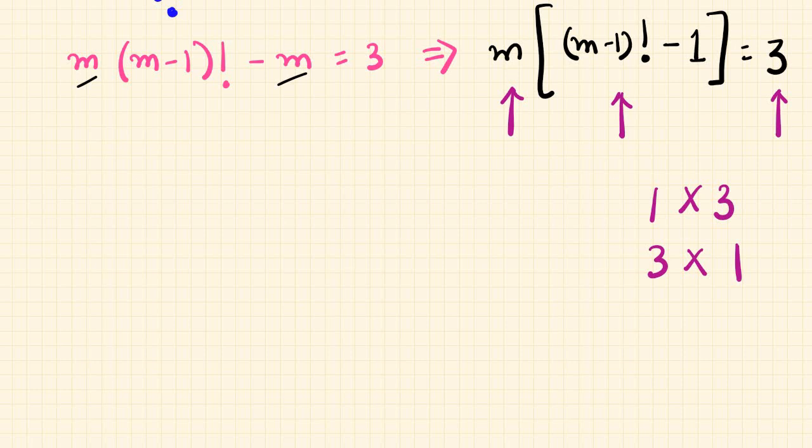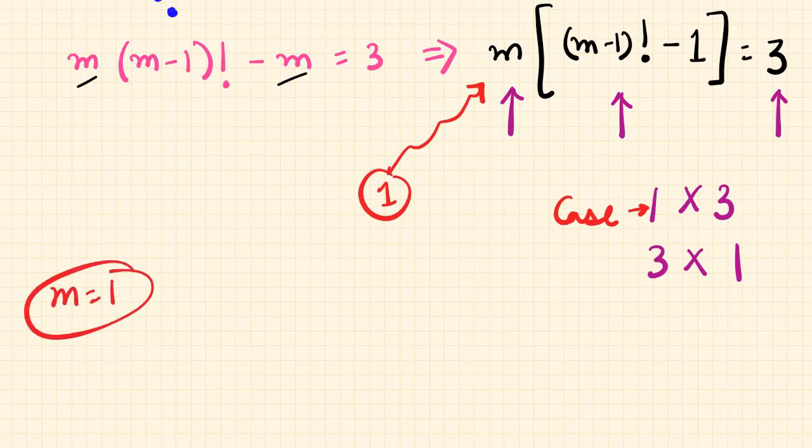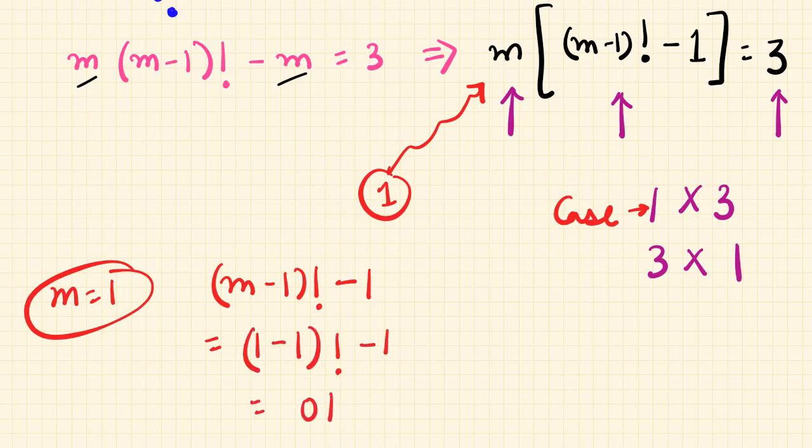Let's put the first m as 1. So m is 1. The other part, m minus 1 factorial minus 1, would become 1 minus 1 factorial minus 1, which is 0 factorial minus 1. And if you don't know, let me tell you, 0 factorial is again 1.